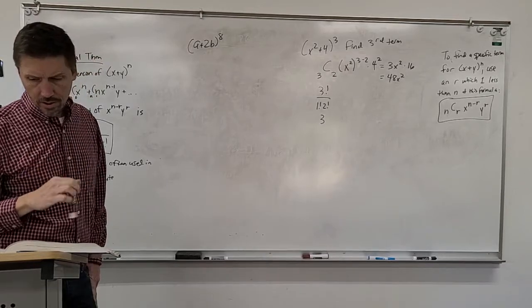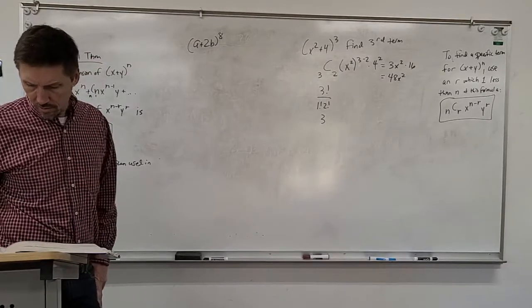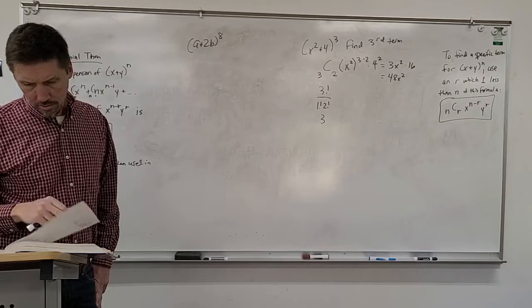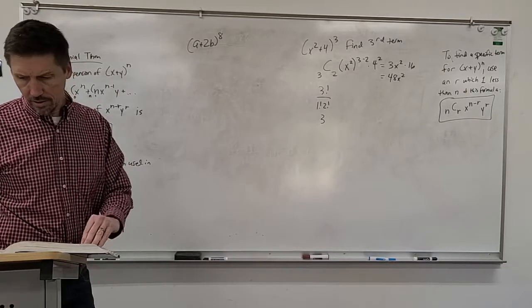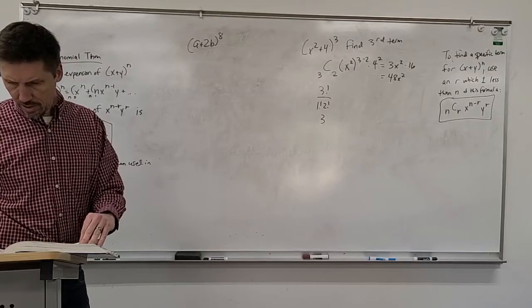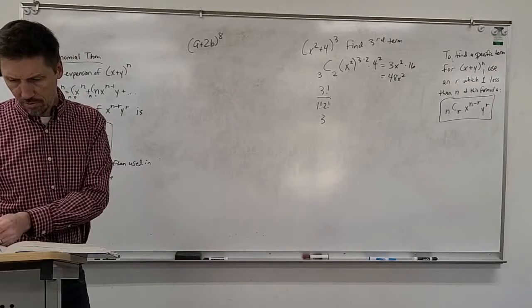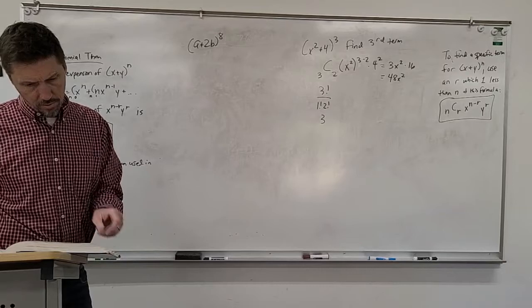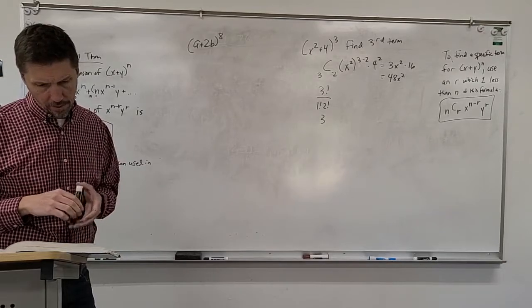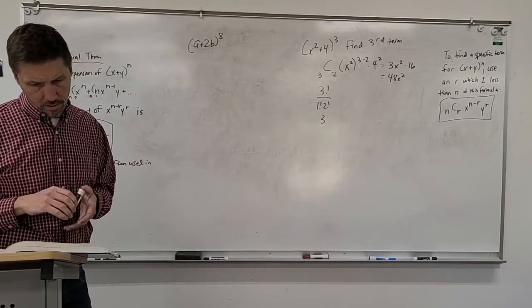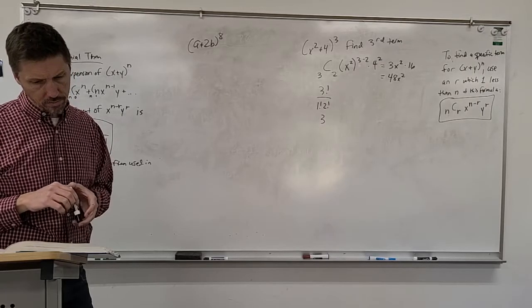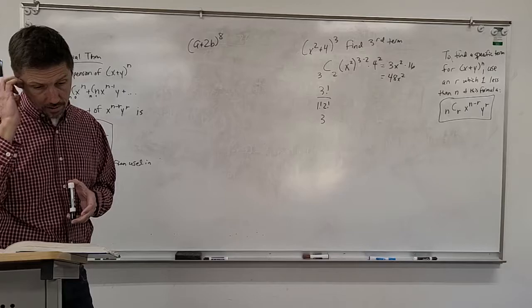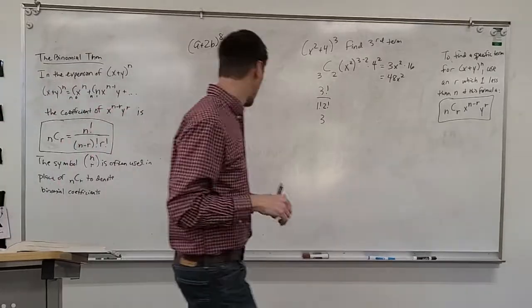why does that say it is 1 less than n? It's supposed to be 1 less than the term. Yeah, it's 1 less than whatever one we're finding. So where's that formula in our book, the r plus 1 term? Yeah, it shouldn't be 1 less than n, I'm sorry.